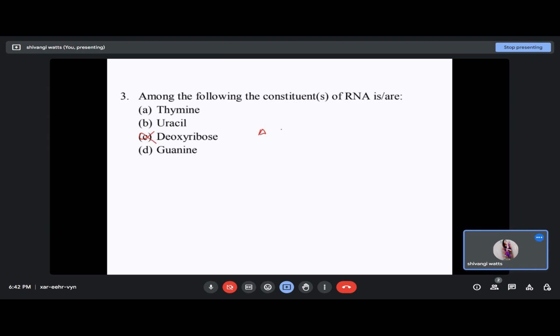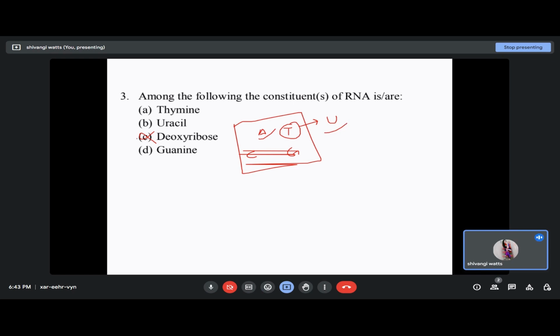Adenine, thymine, cytosine, and guanine are the four nucleobases present in the DNA. In the case of RNA, thymine is replaced with uracil. So in RNA, adenine, uracil, guanine, and cytosine are present.